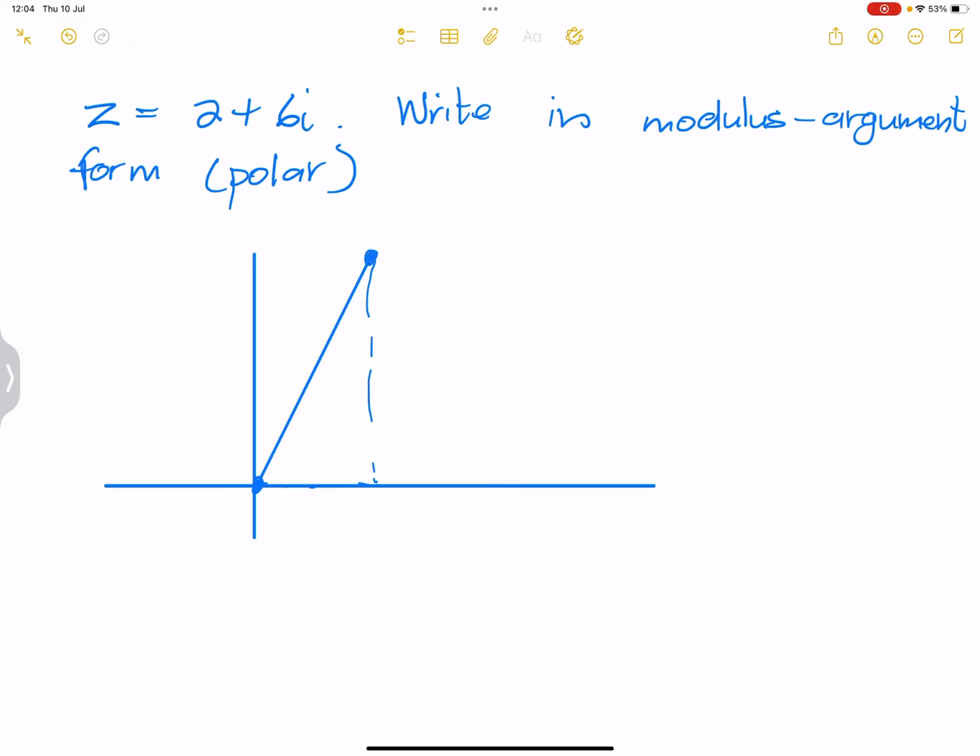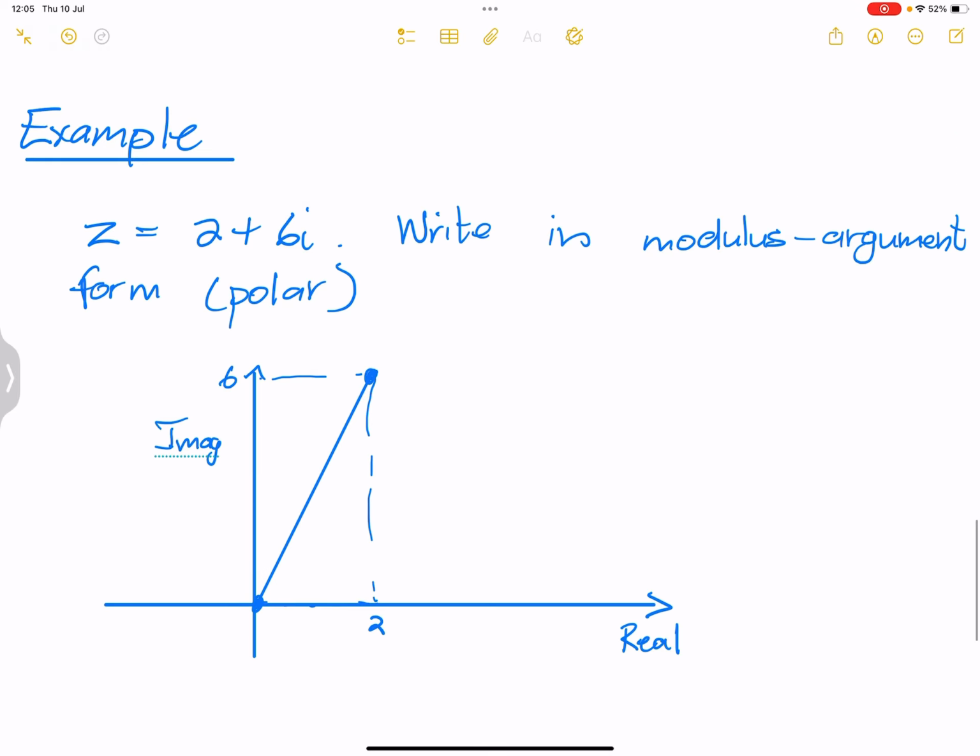I know that that's 2 over there, and that would be 6 over there. These are my real x's, these are my imaginary x's. And so that's where I get the 2 plus 6i.